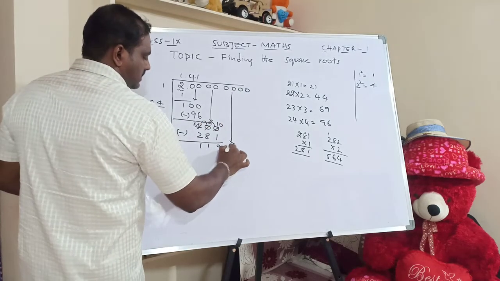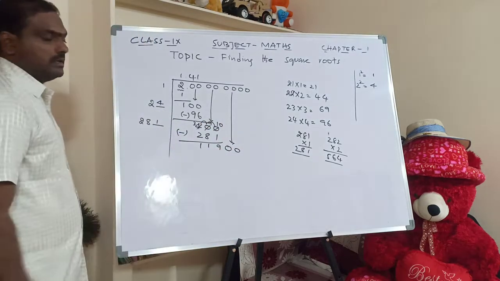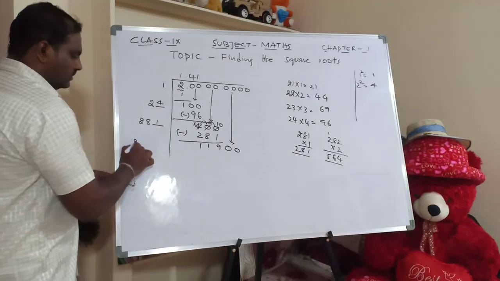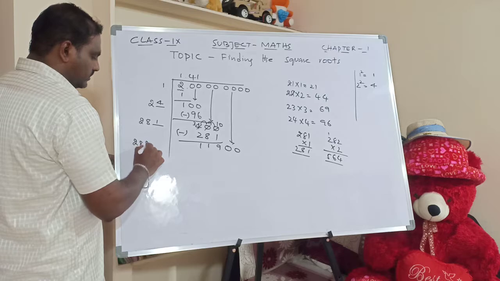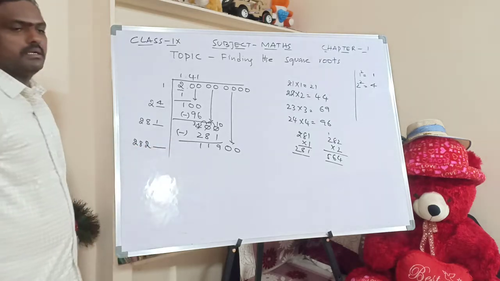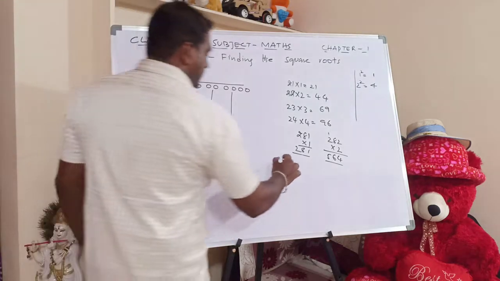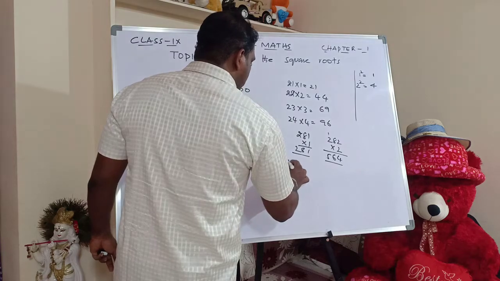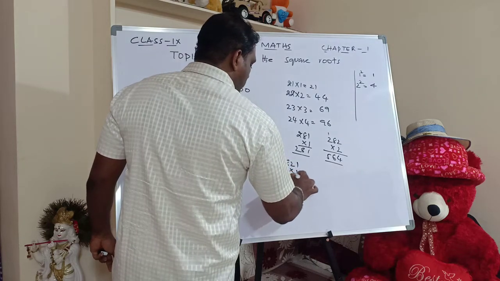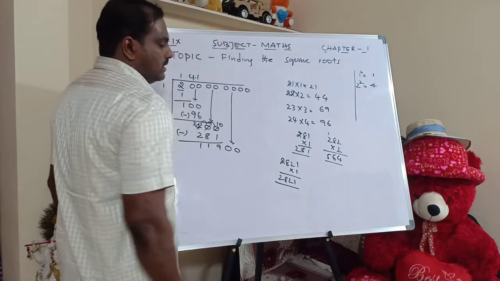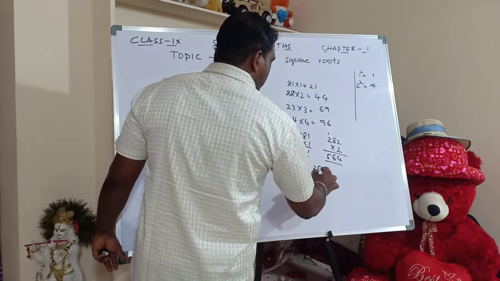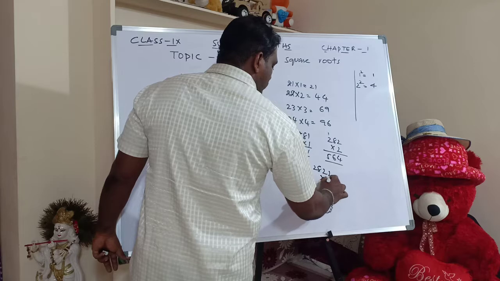Next, this. Now which should be doubled? 1 should be doubled, 2, and it is blank. Now what I have to do? Same. 2, 8, 2, 1 into 1. How much will I get? 2, 8, 2, 1. Next step, 2, 8, 2, 2 into 2.